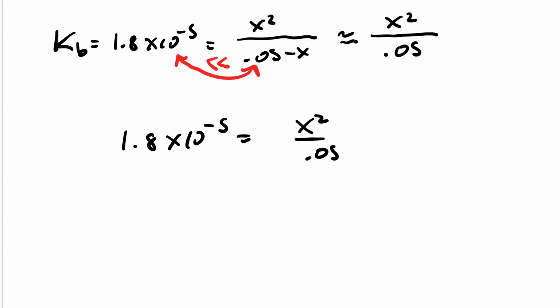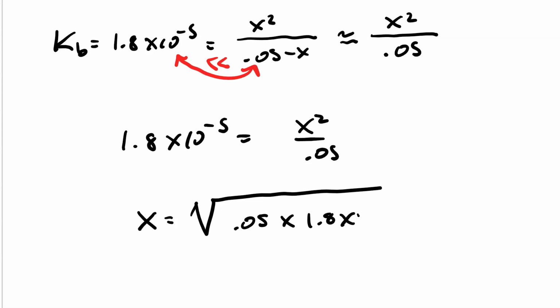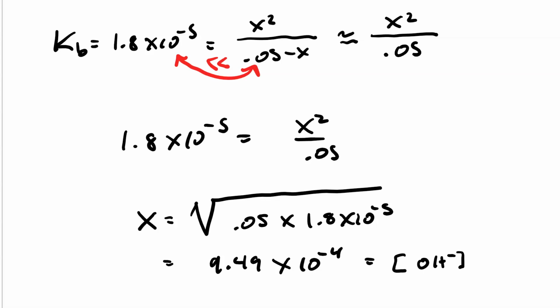If we multiply both sides by 0.05 and take the square root, we get x equals the square root of 0.05 times 1.8 times 10 to the negative fifth, which gives us 9.49 times 10 to the negative fourth. And that is the equilibrium concentration of hydroxide.